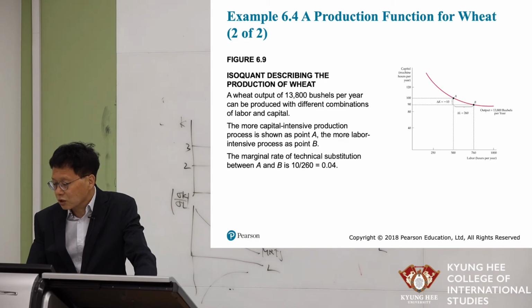That happened in the US, but developing countries produce the same amount of food using more labor and less capital, like this. Okay? So at point A and point B, MRTS has a different value. Right? MRTS at point A is higher than MRTS at point B. Okay?